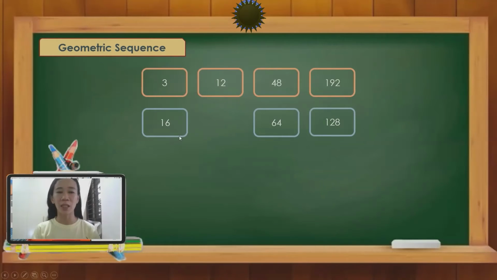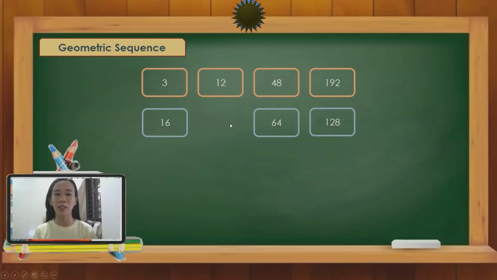How about this sequence? We have a missing second term. What is our common ratio for this sequence? Our common ratio here is 2. That is 128 divided by 64, which is 2, or 64 times 2 is 128.